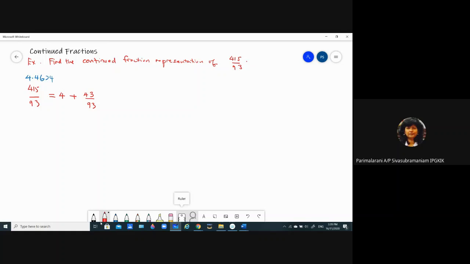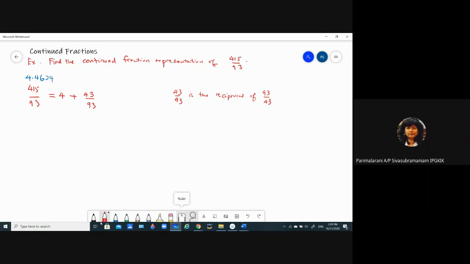We also know that 43 over 93 is the reciprocal of what? 93 over 43, right? 43 over 93 is the reciprocal of 93 over 43.